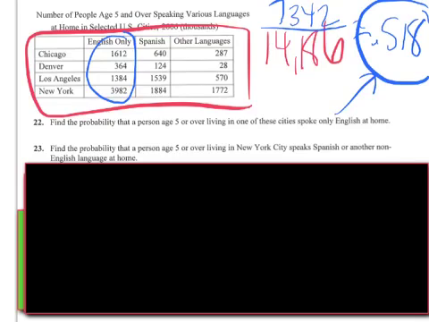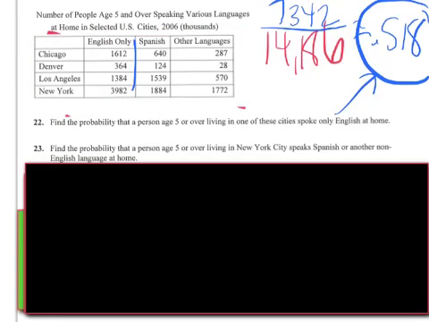Now the other side of it, number 23, asks this. Let me erase this here. Here we have, find the probability that a person age 5 or over living in New York City. So those are all the people living in New York City. And in this case, that comes to 7,638.